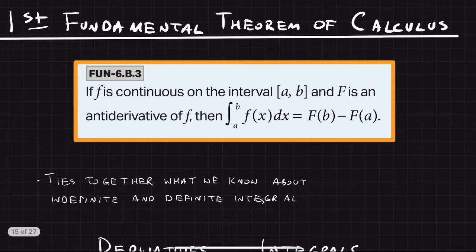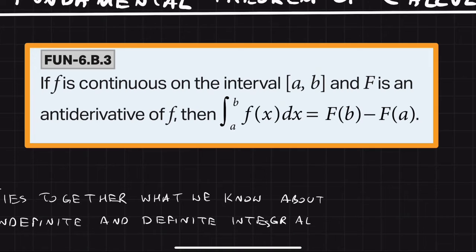And here's a quick reminder of what the first fundamental theorem of calculus was. The first fundamental theorem of calculus said that if f is continuous on the interval from a to b, and capital F is the antiderivative of little f, then the integral from a to b of little f of x dx is equal to capital F of b minus capital F of a.